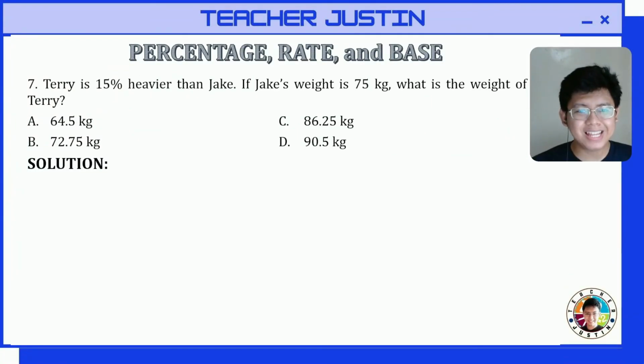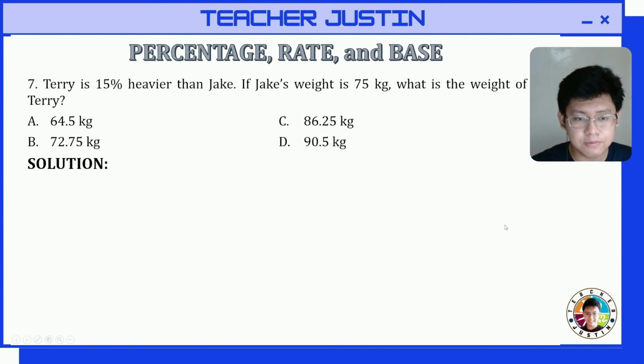Okay, let's have this item. Terry is 15% heavier than Jake. If Jake's weight is 75 kilograms, what is the weight of Terry? Okay, so para masagutan natin tong item na to, alam natin na ang hinahanap natin is yung weight ni Terry. So let's have a representation for the weight of Terry.